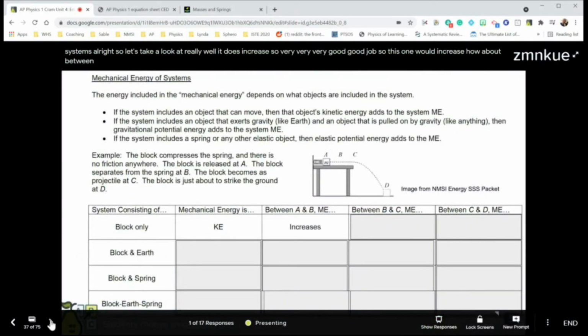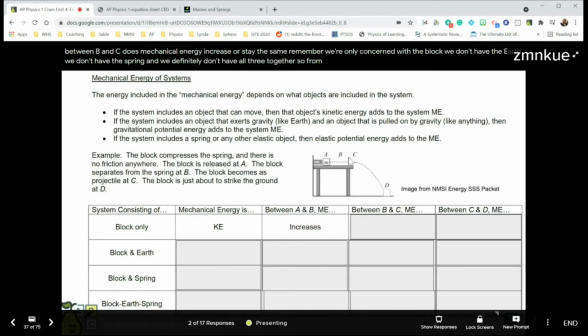How about between B and C? Does the mechanical energy increase or stay the same? Remember, we're only concerned with the block. We don't have the earth, we don't have the spring, and we definitely don't have all three together.